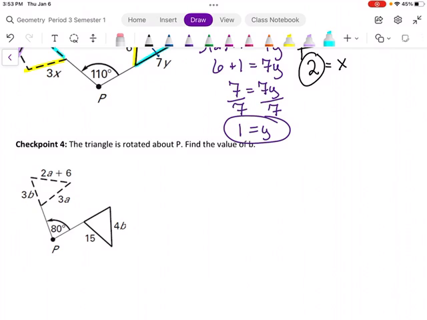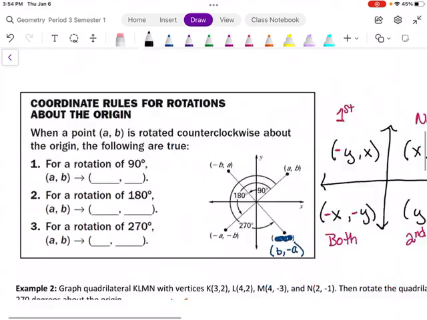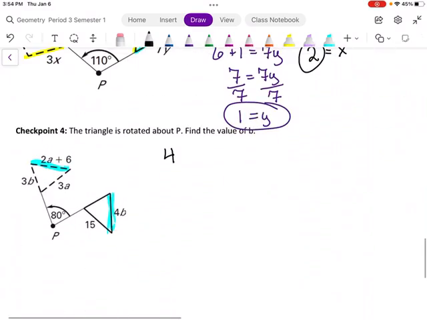Okay, so in this one, this 4b would line up with the 2a plus 6. So that is the first equation that I could set up. Oh, sorry, that just jumped around. So 4b equals 2a plus 6.